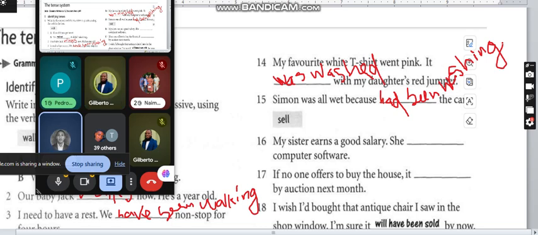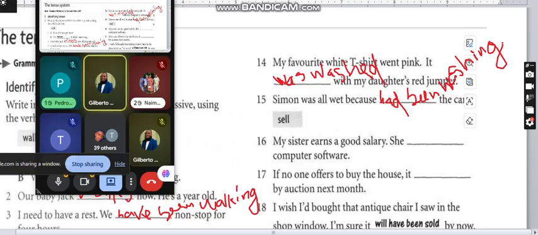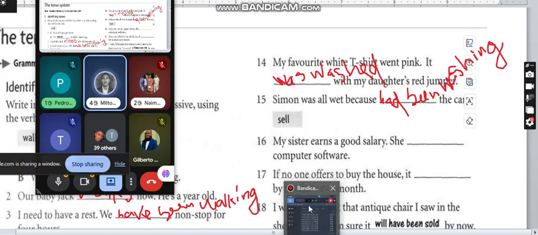Okay, explain please. The most important thing is to be able to identify the answer and also be able to explain why that particular answer is the correct one. Yes, it's present simple because she sells computer software.